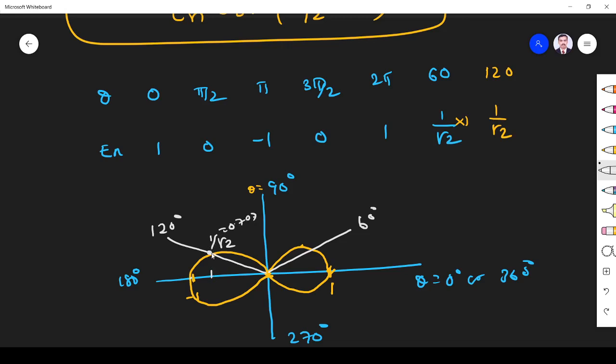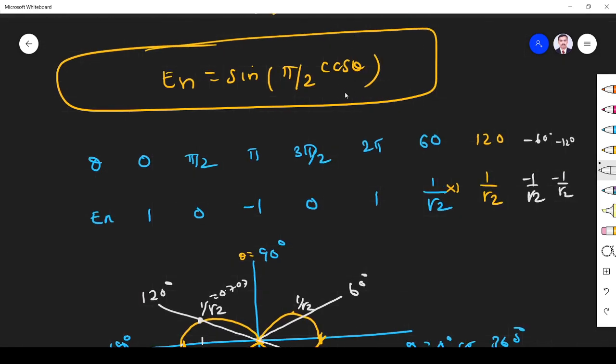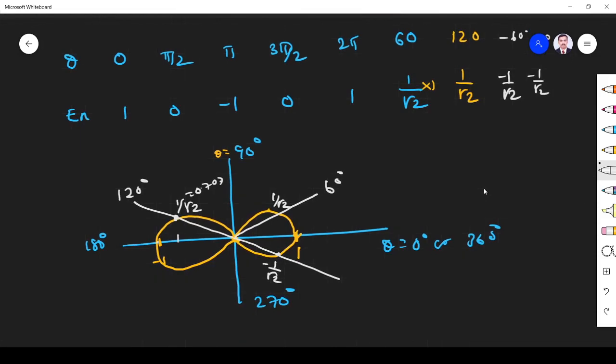At 120 degree, the value is reduced to 1 by root 2. At plus 60 and minus 60, again it reduces to 1 by root 2, minus 1 by root 2. At minus 120, it is minus 1 by root 2. We substitute the theta value in this equation and find the value.